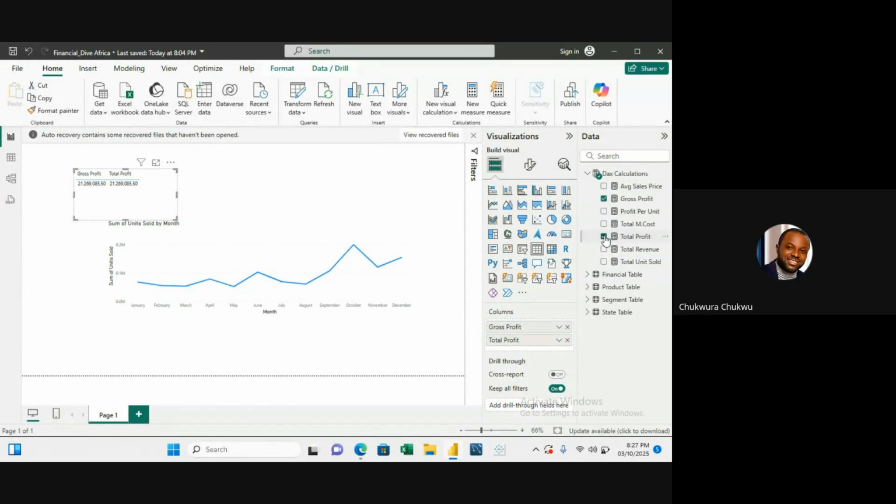So technically, the total profit we computed is actually the gross profit. It's the same formula: total profit, like we calculated, is total revenue minus total manufacturing costs. Gross profit is your total revenue minus cost of goods sold, and your cost of goods sold is your total manufacturing cost. Based on the data we have, they are the same thing.